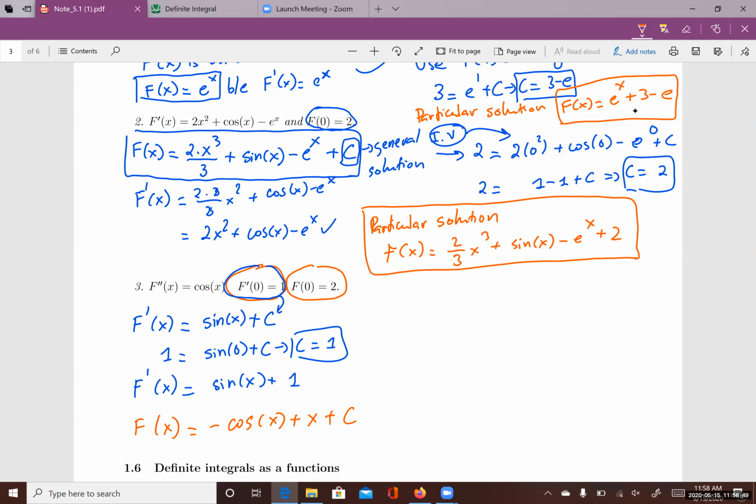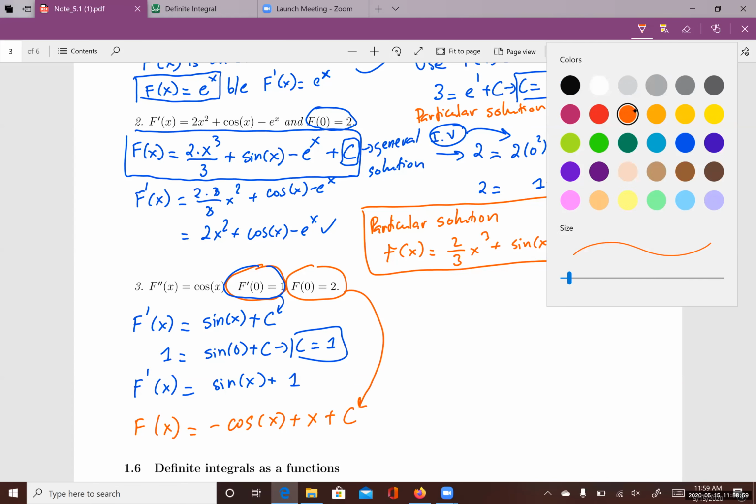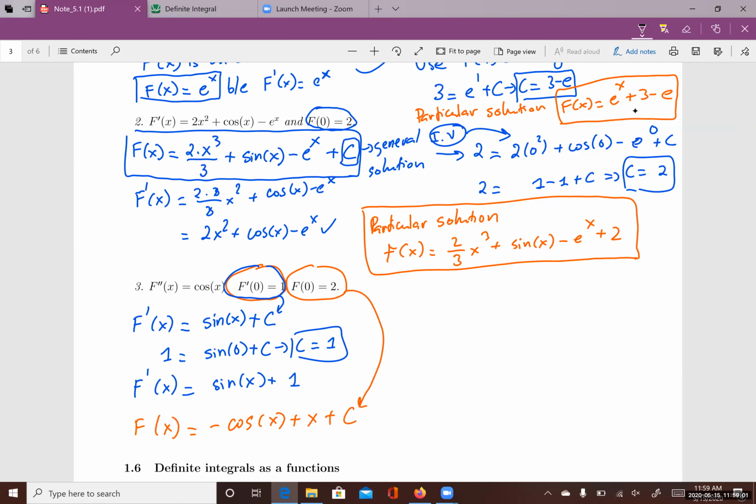And now you need to find this c using the second initial value. Using the second initial value, you will get 2 equals negative cosine of 0 plus c. Negative cosine 0 is negative 1, so that means c equals 3.